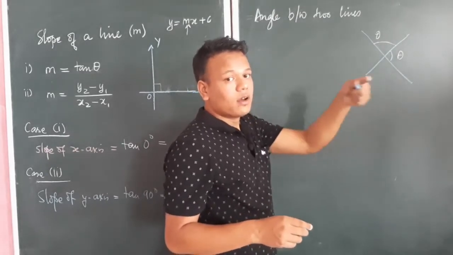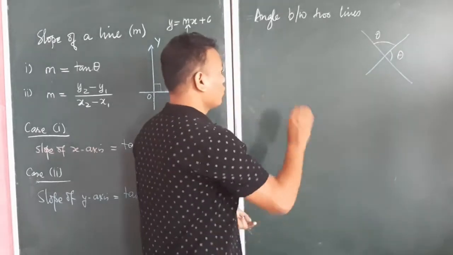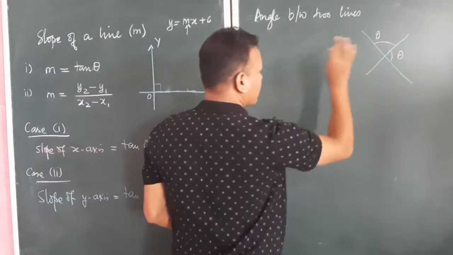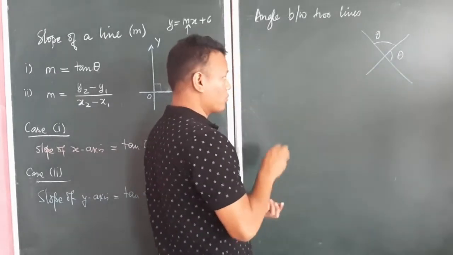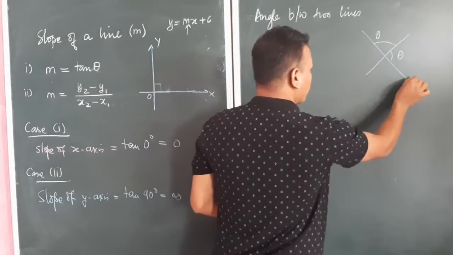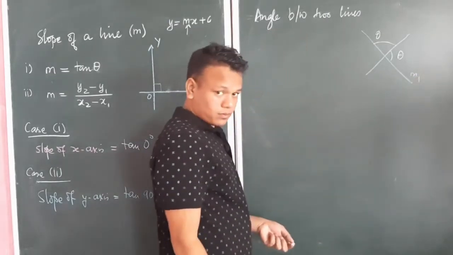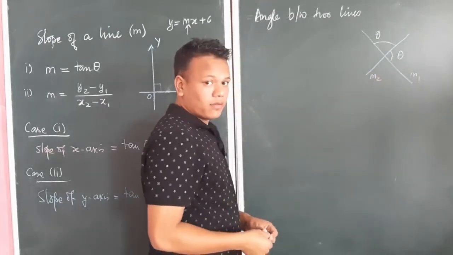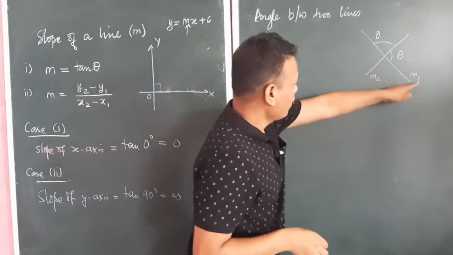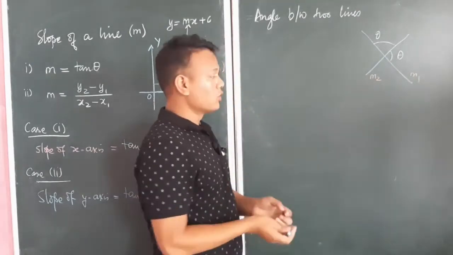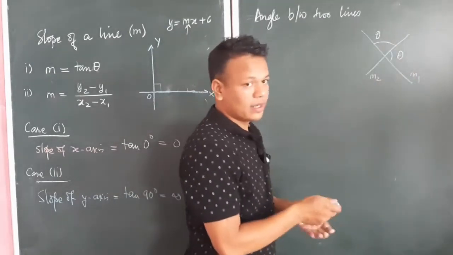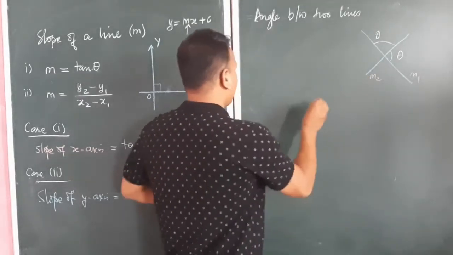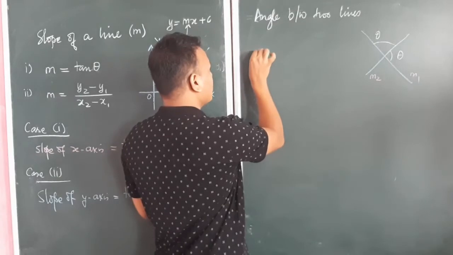The obtuse angle will come automatically. The angle between two straight lines, that is theta, is calculated using this particular formula. Just imagine that the slope of this line is m1, and the slope of this line is m2. If m1 and m2 are the slopes of two intersecting straight lines, then the angle is calculated using this formula.